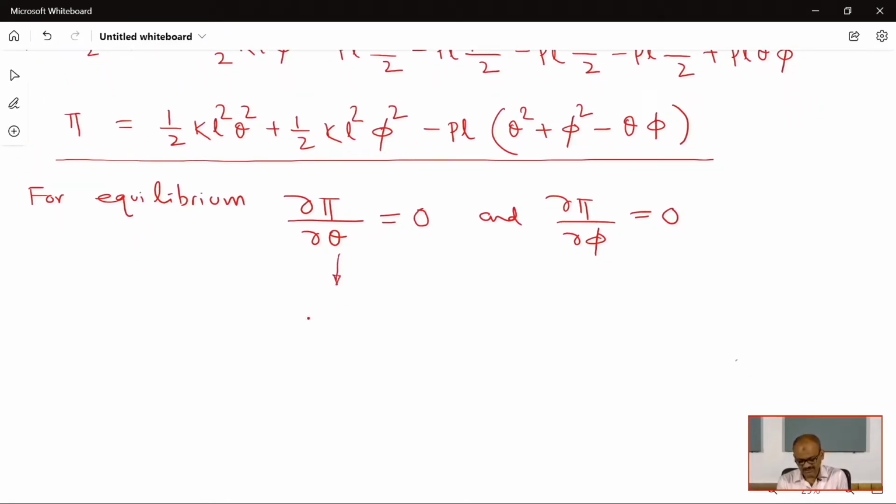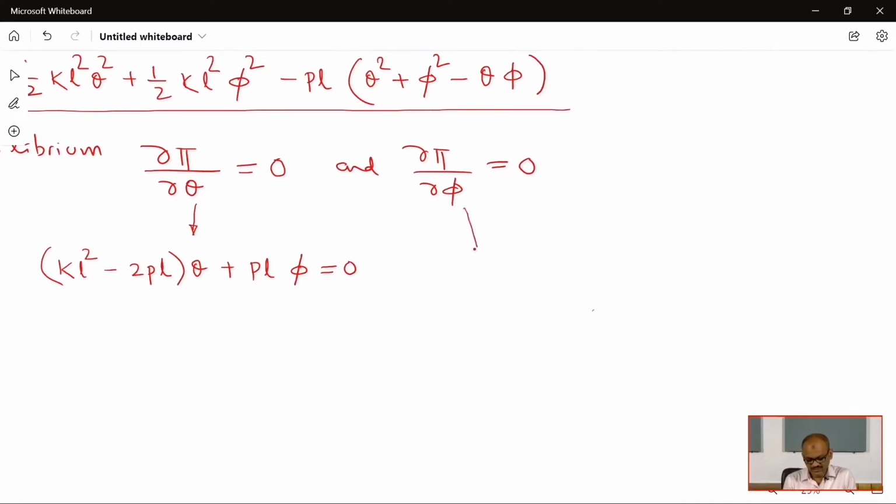If we differentiate, this one will result in (k L square minus 2 P L) into theta plus P L into phi is equal to 0, and if we differentiate with respect to phi, this will result in P L theta plus (k L square minus 2 P L) into phi is equal to 0.